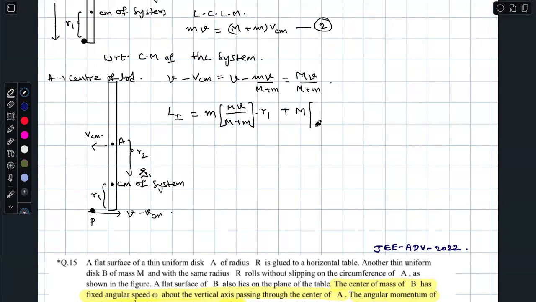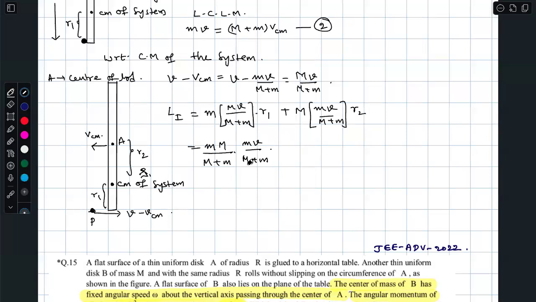Capital M times R. That is the initial angular momentum of the system. Capital M by capital M plus small m times V. What does V stand for? Already you know, small m V by capital M plus small m.